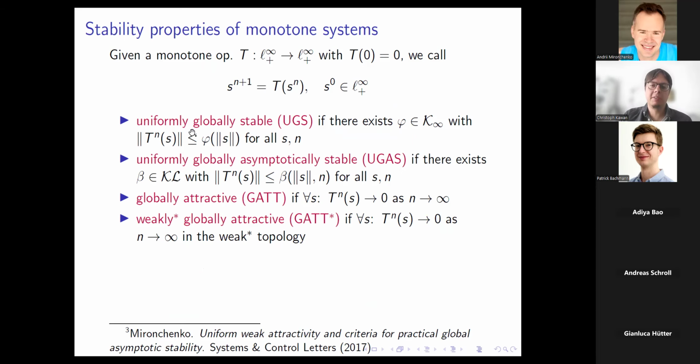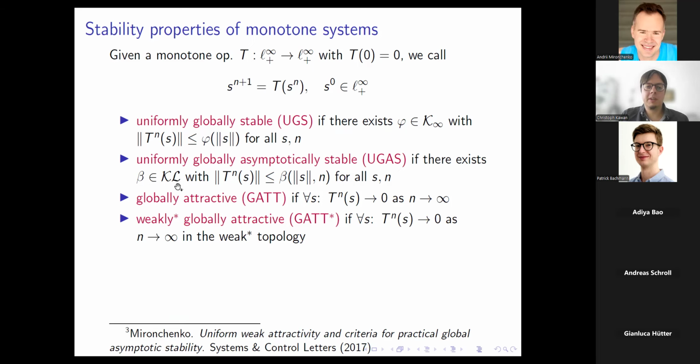And we call it uniformly globally stable, or UGS. It's just the usual definition. If there exists a k-infinity function phi such that we have this here for the iterates of T.